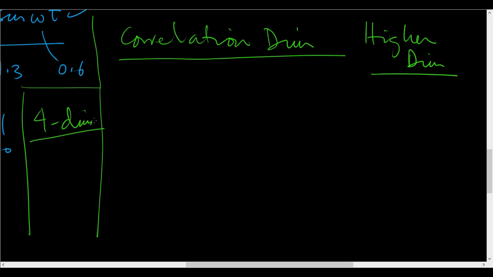So to go from a box of size epsilon to epsilon by 10, I will have 10 to the power 4 as many boxes, right? So you can see that the box counting dimension in higher dimensions is terribly difficult, right? You need a very large number of points and a very long calculation.